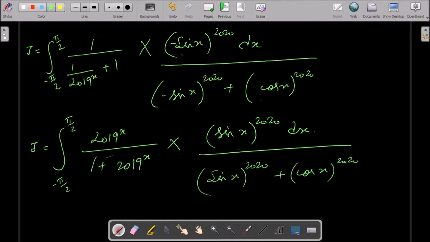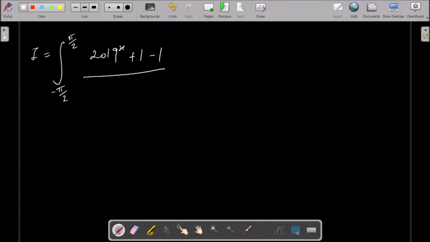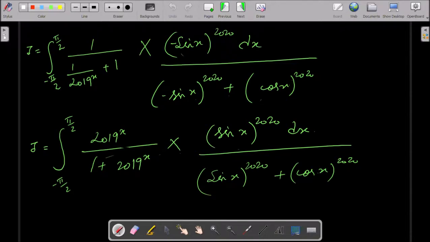Okay, now I equals integration from minus pi by 2 to plus pi by 2 of 2019 to the power x plus 1 minus 1. I'm writing it like this; this plus 1 and minus 1 will be 0 only and nothing will change here.